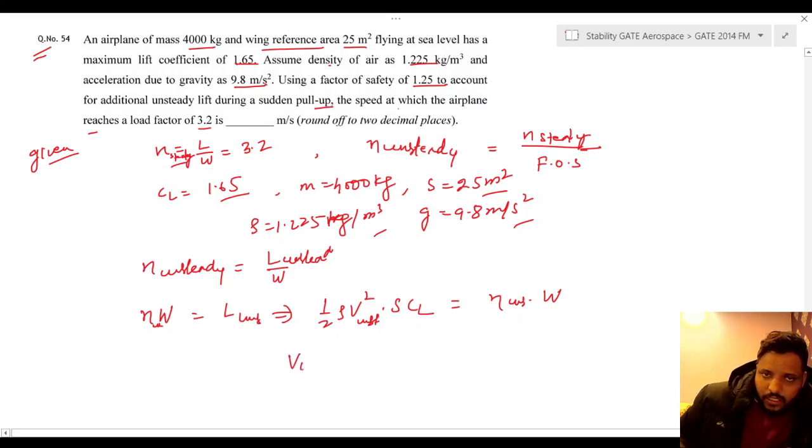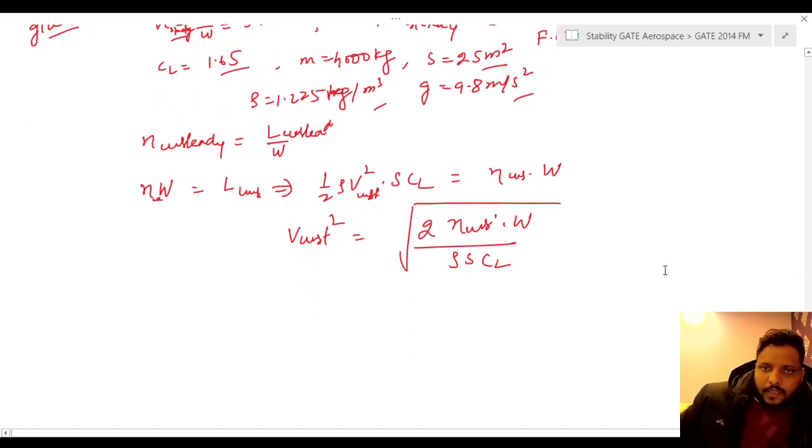So V unsteady square is equal to twice of n unsteady into W divided by rho S into CL. And this n unsteady can be replaced by n steady by 3.2, sorry, n steady by 1.25.